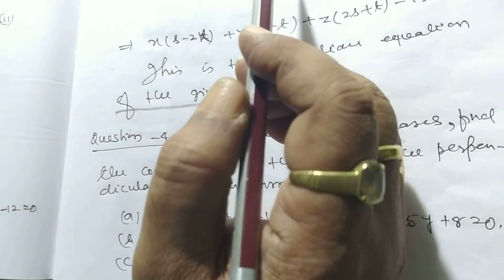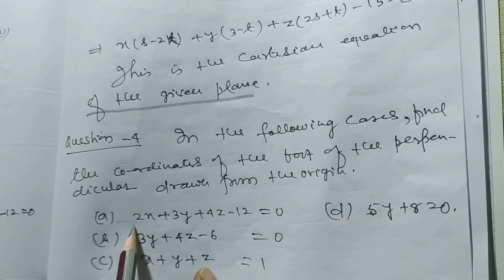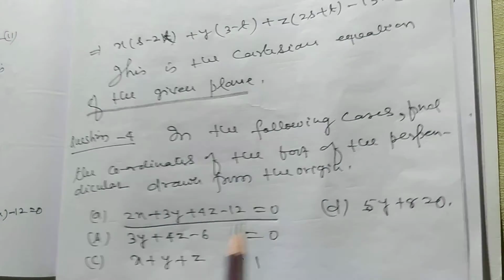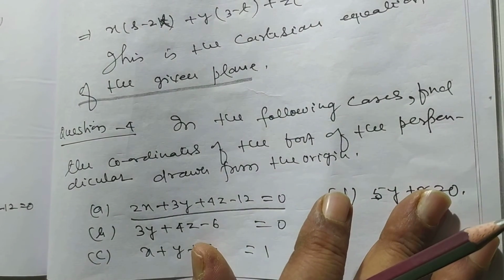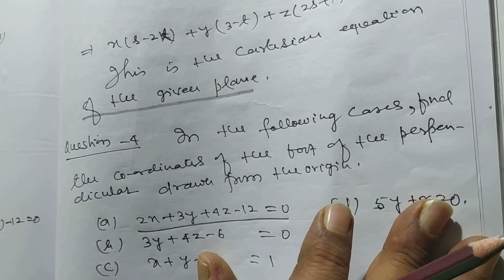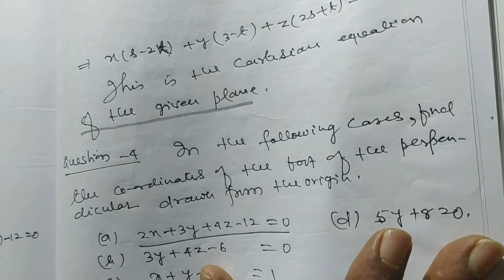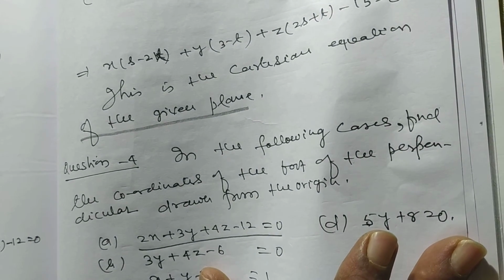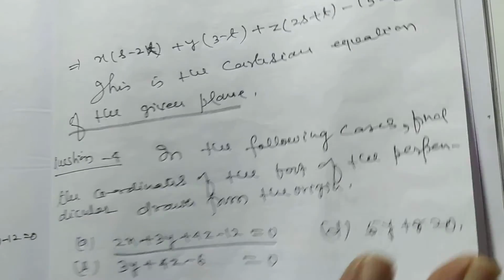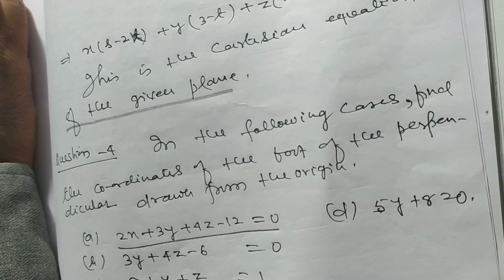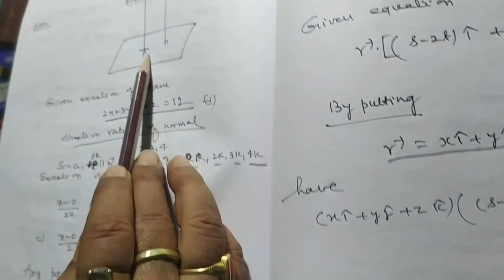Which plane? Equation of the plane is given: 2x + 3y + 4z - 12 = 0. So my dear students, you must solve this problem sincerely. It is very, very important for the purpose of examination. I have already discussed the derivation: how will you find the perpendicular distance from the external point to the plane?